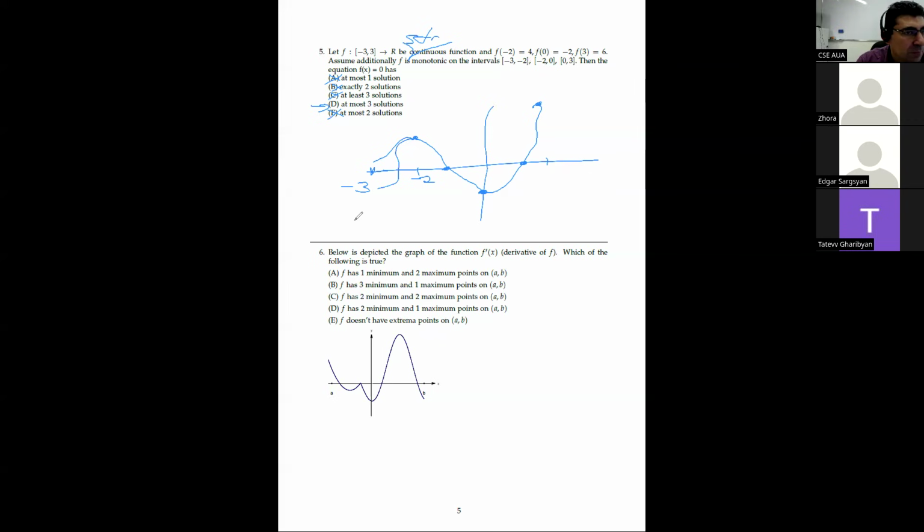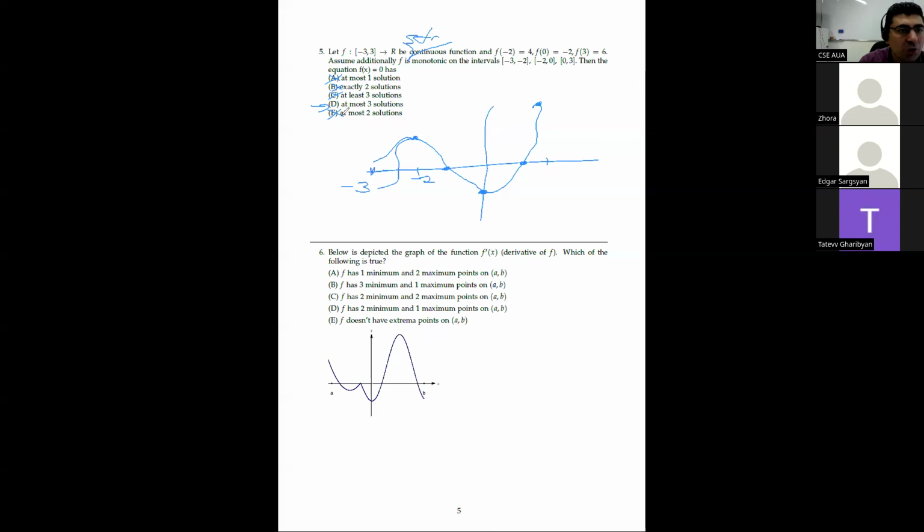So the outcome of our exercise is the same whether it's strictly monotonic or just monotonic. In this case, the formulation I think is not the best. Here we are missing the word strictly monotonic. But the rest, A, B, C, E, we can eliminate even if our function is not strictly monotonic.